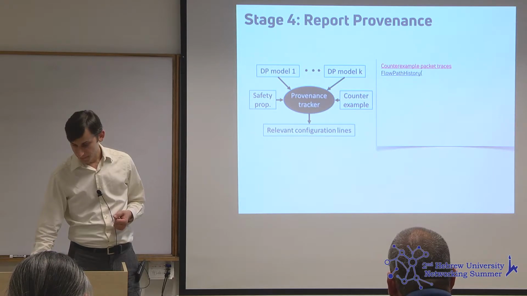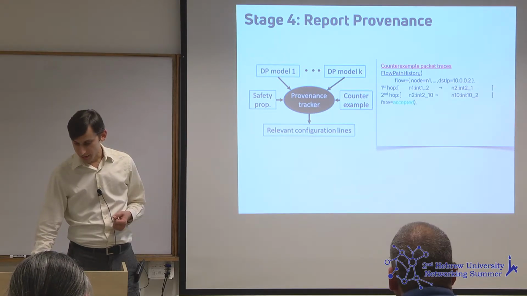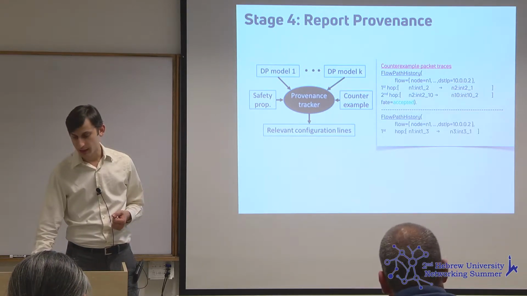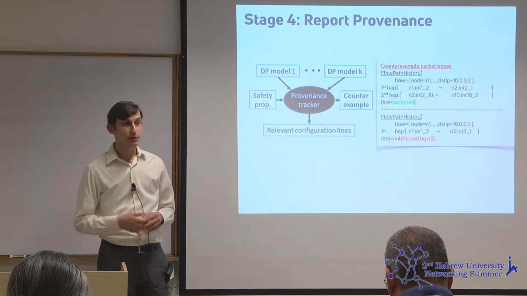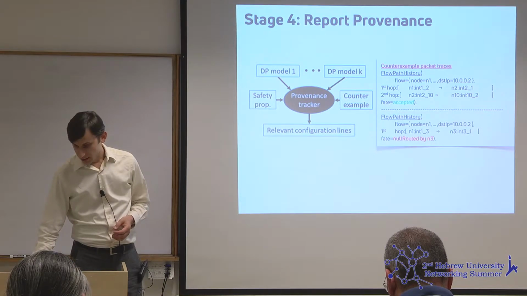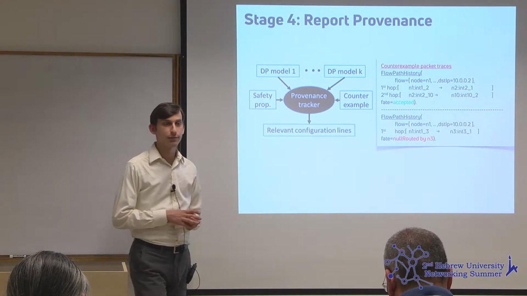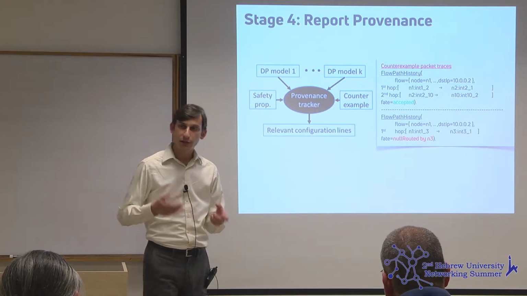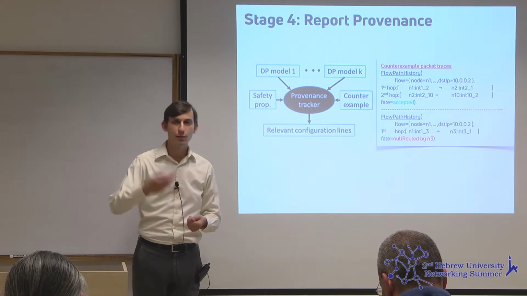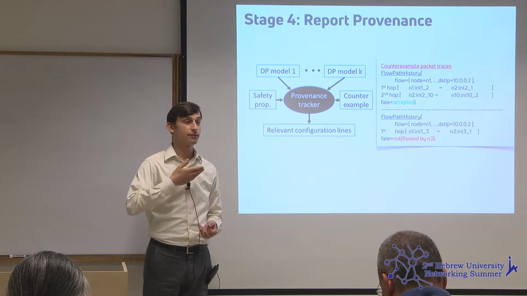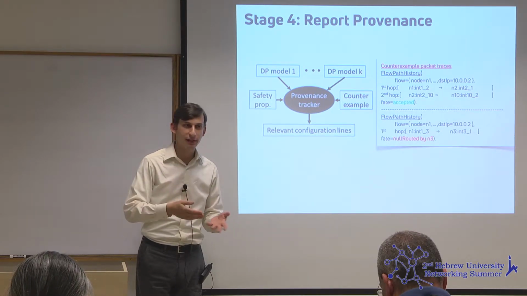Okay? So when that happens, we can ask the data plane verifier, give me an example of that path. And then in this stage 4 of reporting provenance, you can trace back: these facts happened, what caused those facts to happen? That path is there. Why is that there?